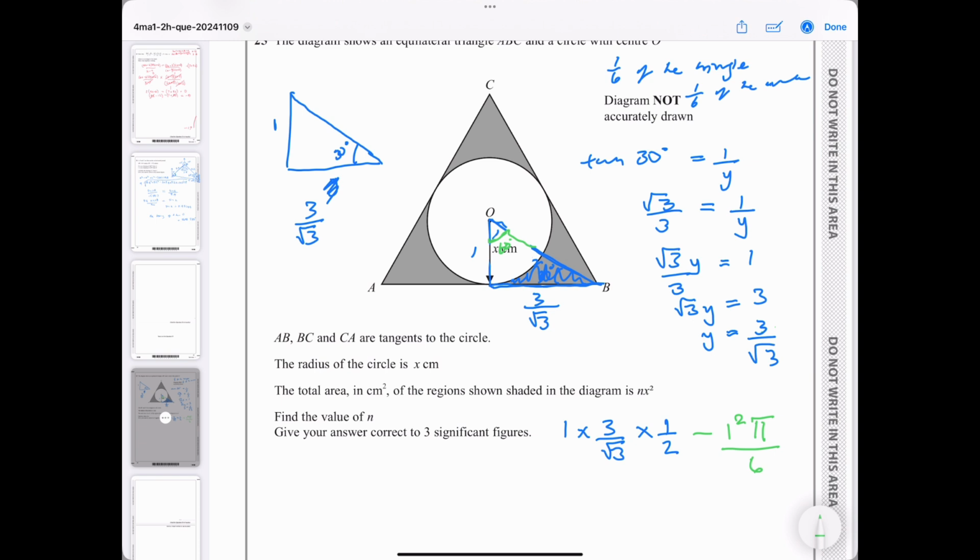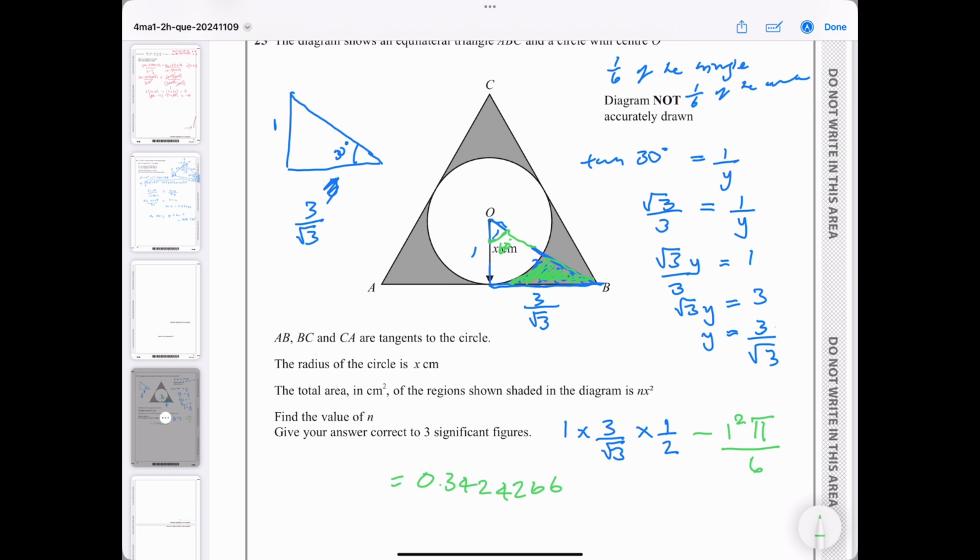Let's shift pi over 6. And that gives us 0.3424266, whatever it is. But basically that means this bit there, right?